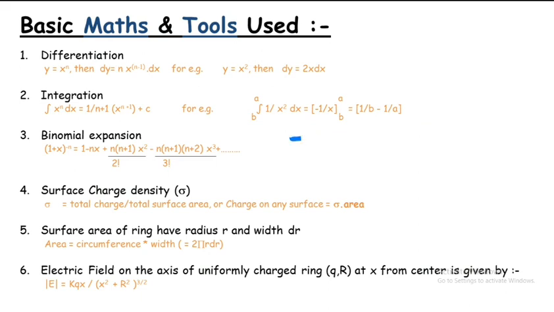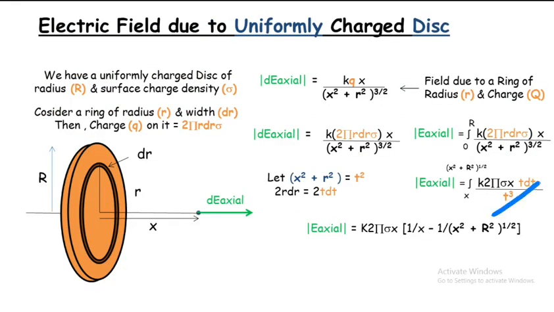Basically our rule is upper limit minus lower limit, but because of this minus n, this limit gets changed. We have written here 1 by b minus 1 by a. One more thing is here, the limits of the integration are also changed.